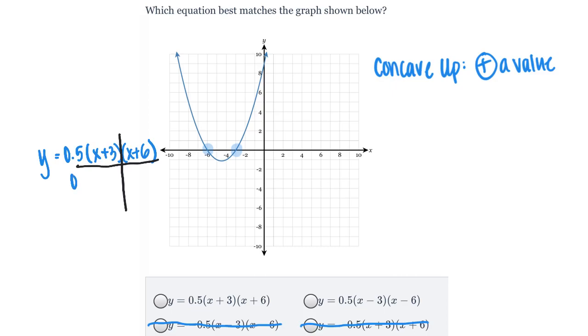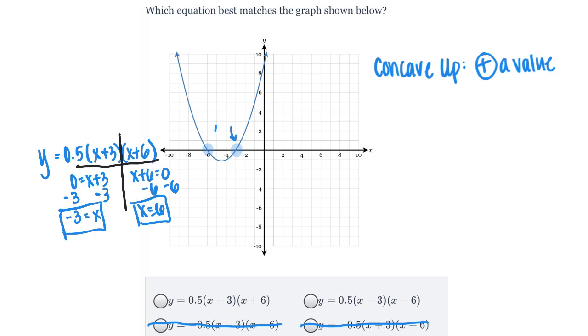So we have 0 is equal to x plus 3, and x plus 6 is equal to 0. Subtract 3 from both sides. We get negative 3 is equal to x, and over here, subtracting 6 from both sides, we get x is equal to negative 6. And these are, in fact, the two intercepts that we want because they intersect here and here. So this is our answer.